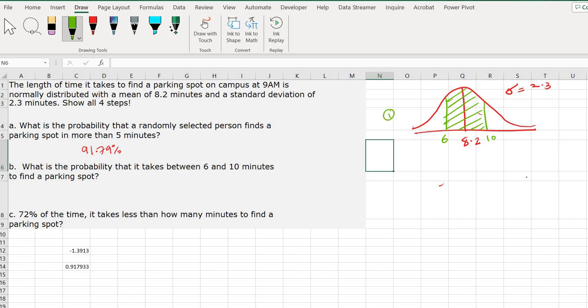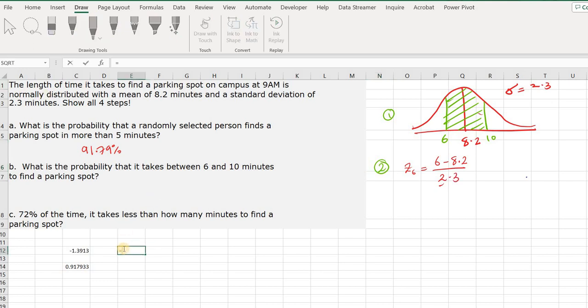Then step number 2, I now need to find the z-score for x equal to 6 and the z-score for x equal to 10. So the z-score for 6 first is equal to 6 minus 8.2 over the standard deviation. And I'm going to compute this here really quick.